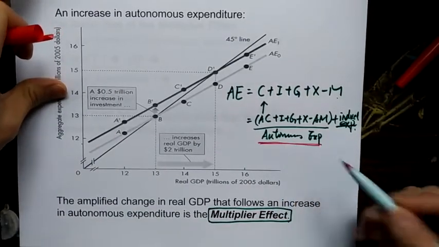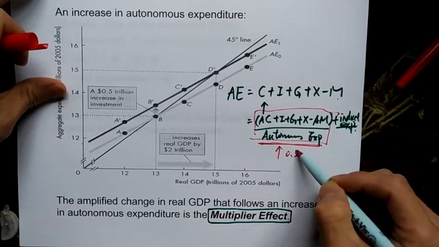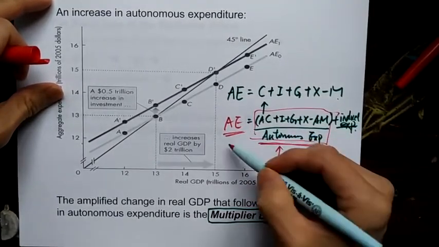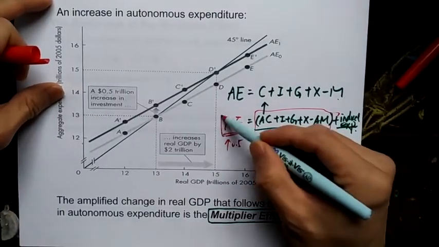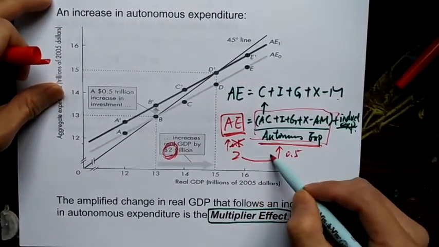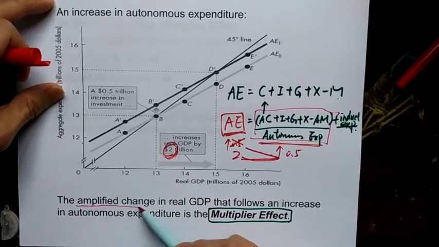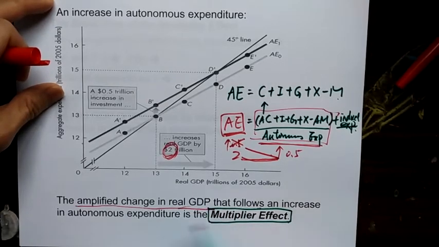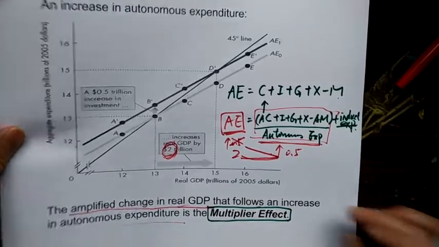My right hand side increases by 0.5. The left hand side should also increase by 0.5, right? But no. My equilibrium total expenditure increases by 2, which is more than 0.5. This amplified change in real GDP, equilibrium income, equilibrium expenditure, that follows an increase in autonomous expenditure is called the multiplier effect.